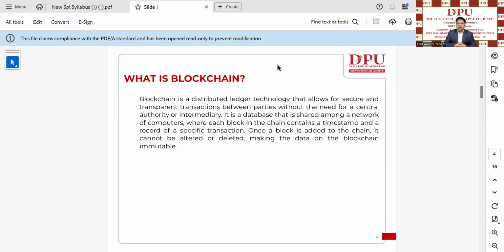So it makes the data on the blockchain immutable and very secure. So this is the main concept of blockchain. Basically, a blockchain is a distributed digital ledger that allows for secure and transparent transactions between the parties without requiring any intermediary or central authority to control the transaction. That is the main concept of blockchain.